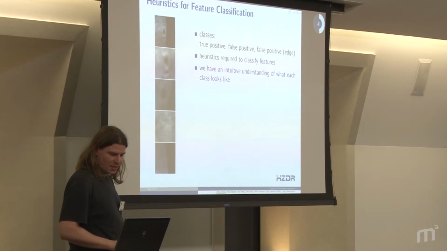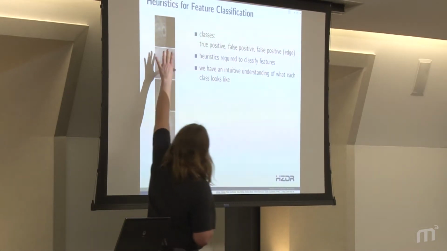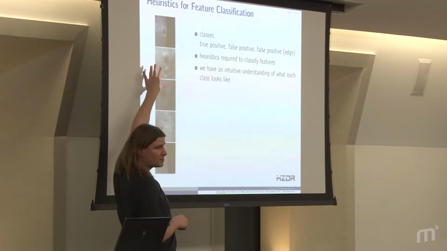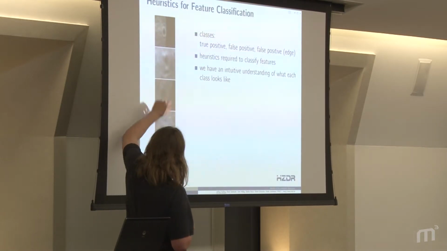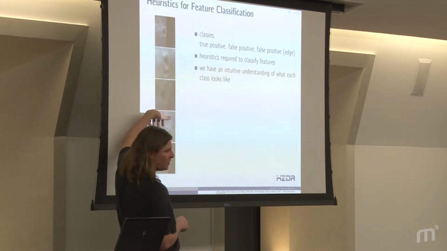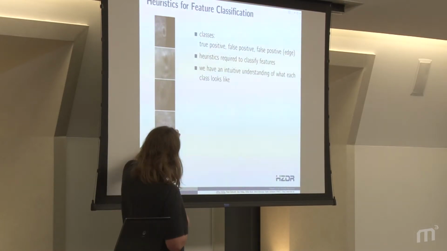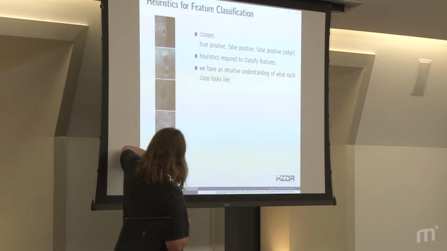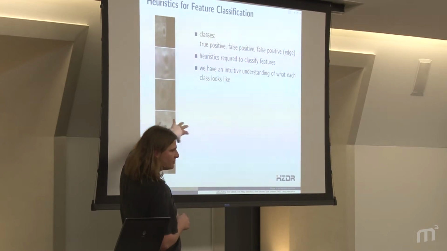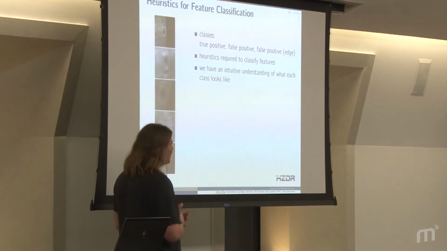So the classes we are classifying into are, first, the true positives. Those are the things we actually want to see, which are pointing to the broken mirror. Then sometimes we have these random occurrences of something which peaks outside of the margins, and that's not so bad. We don't want this, so that's a false positive, and we want to classify it as such.